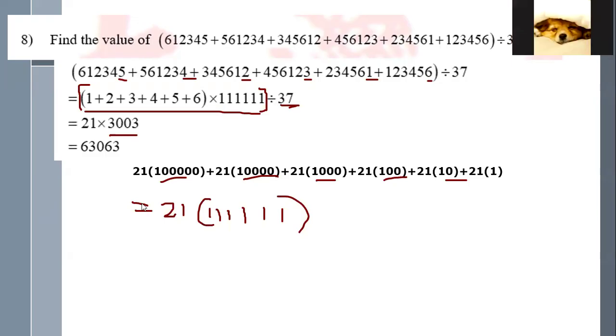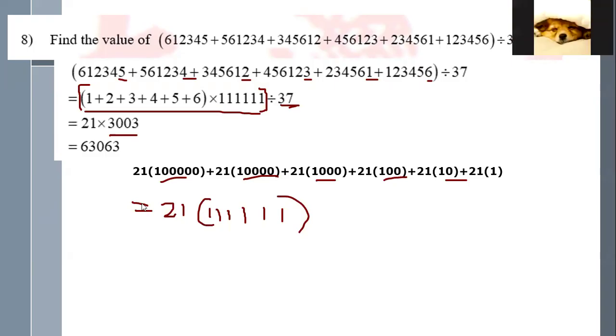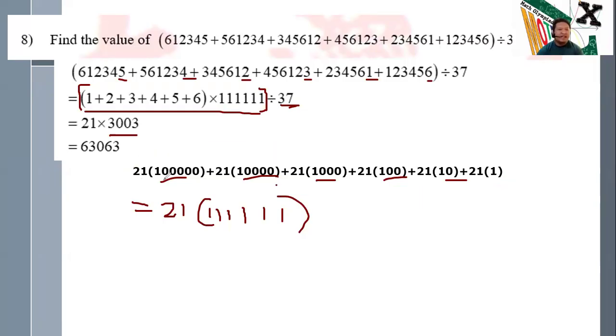I still don't understand the part that says 1 plus 2 plus 3 plus 4 plus 5 plus 6 and then times 111,111. Here is the explanation for that one. As you can see, the ones digit is 5 plus 4 plus 2 plus 3 plus 1 plus 6.